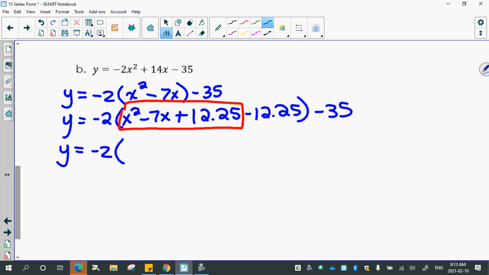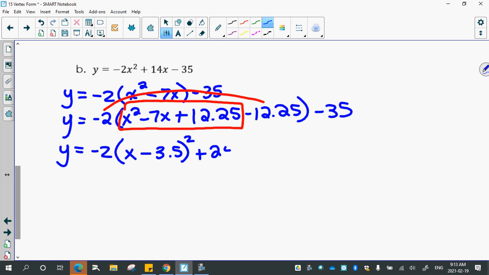So then to get what goes in the brackets, we still do the same thing. Square root of x squared is x. Sign from the middle term is minus. Square root of 12.25 is 3.5, squared. And then you have to remember to get the negative 12.25 out of the bracket, and it has to multiply by the -2. So that's going to give you positive 24.5.